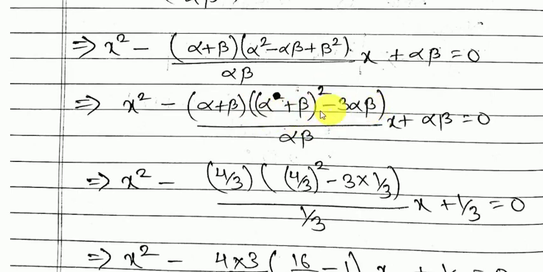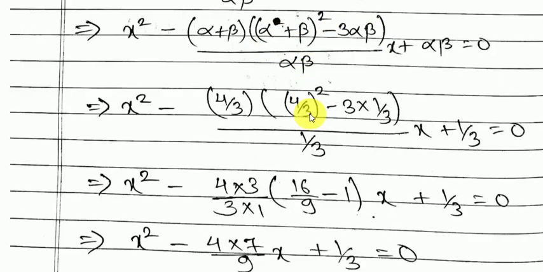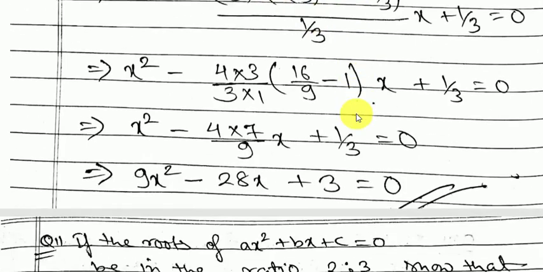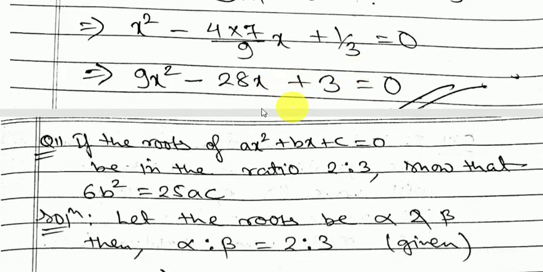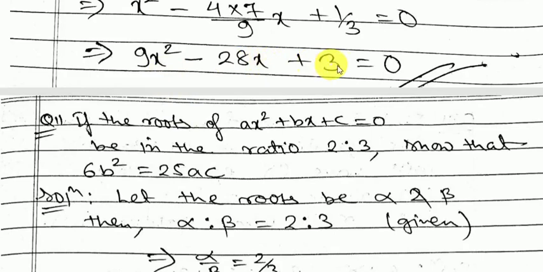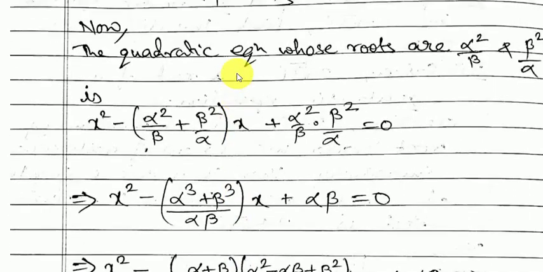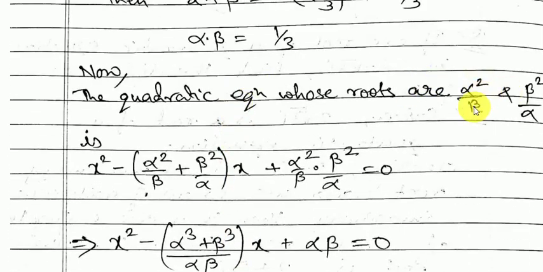We have done this type before also, so check that, recall that. Then substitute the values and simplify, and you will get 9x square minus 28x plus 3. So this is the quadratic equation whose roots are alpha square upon beta and beta square upon alpha.